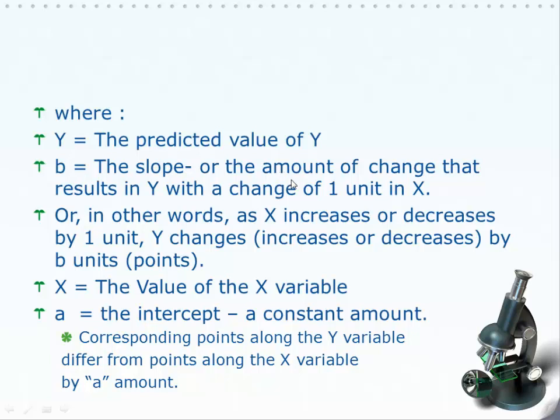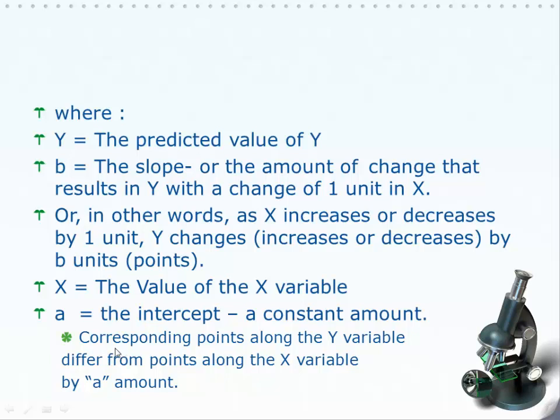So b represents the slope of the line. In other words, as x increases or decreases by 1 unit, y would increase or decrease by b units. X is the value of the x variable that we do know, and then a is the intercept, a constant amount. Corresponding points along the y variable differ from points along the x variable by some constant amount, which we call the intercept, a.